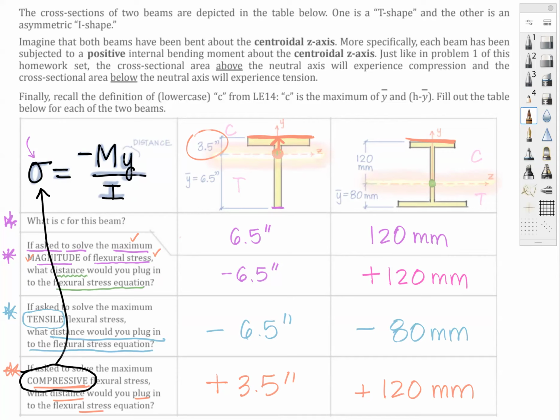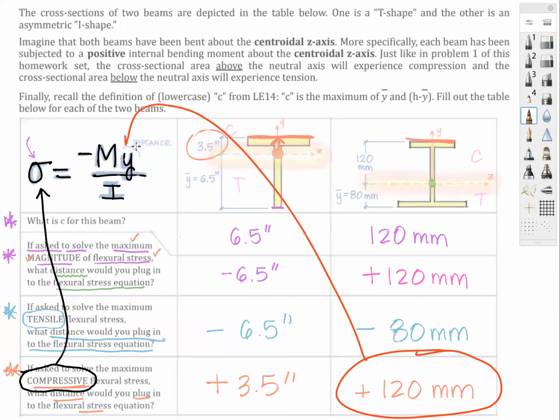Okay, let's check it. For my y coordinate, I'm going to be plugging in a positive sign. My moment is positive per the problem. So negative times positive gives me a net negative sign for compressive stress with sigma. So that is the intent of the problem.